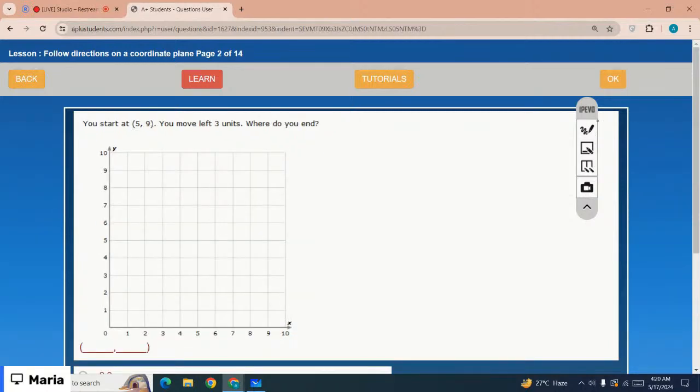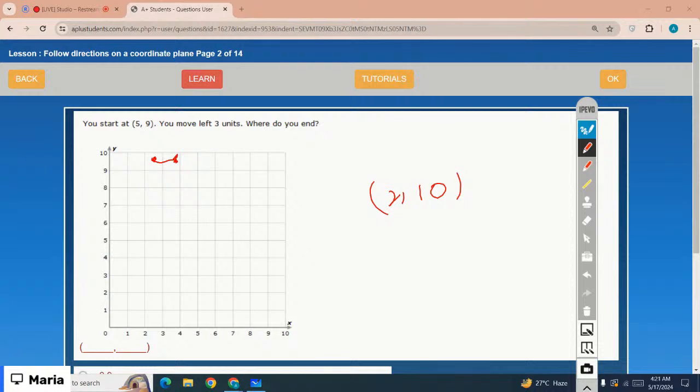You started at 5 9. You move left 3 units, right? So which is the correct option? Here is 5 and here is 9. You move left 3 units. 1, 2.